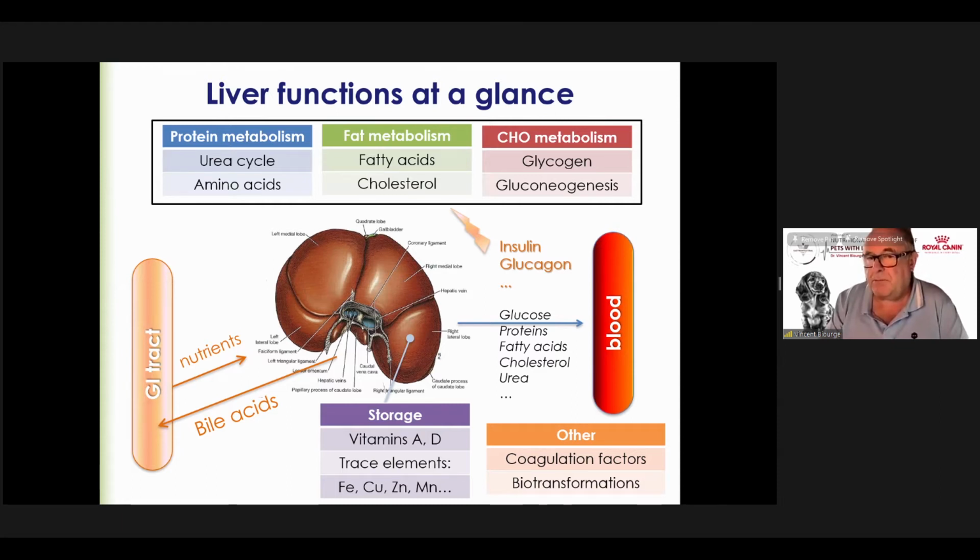For example, there are some molecules that are not active when they enter the liver, and the liver will transform them so that they become active compounds that can be of very high interest, and can be some special ingredients, some special antioxidants, for example. On the other hand, you have some compounds that are toxic, and the liver will transform them so that they can be removed from the body through the bile or through the kidney.